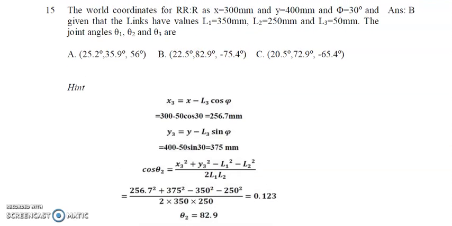Then pi is equal to theta 1 plus theta 2 plus theta 3. If you subtract the theta 1 and theta 2 values from pi, then you will get minus 75.4 degree. From that we can calculate the theta 3 value, that is equal to minus 75.4.